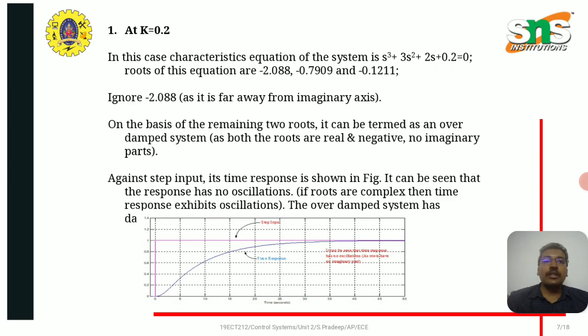Ignore the value minus 2.088 as it is far away from the imaginary axis. On the basis of the remaining two roots, it can be termed an overdamped system. Against step input, its time response is shown in the figure. It can be seen that the response has no oscillation.